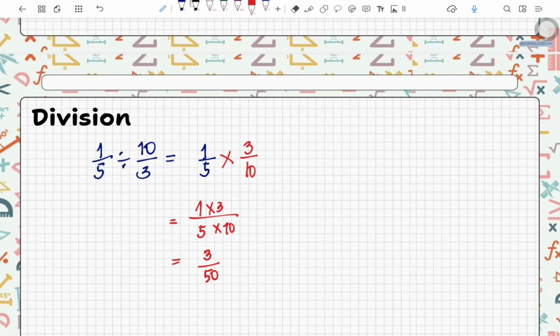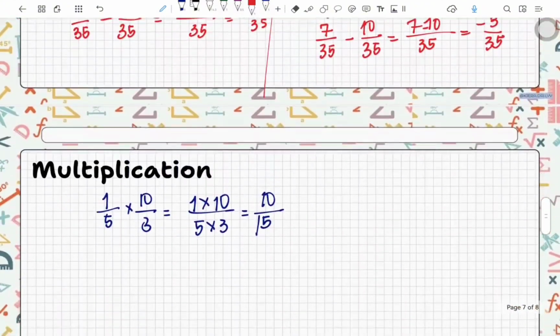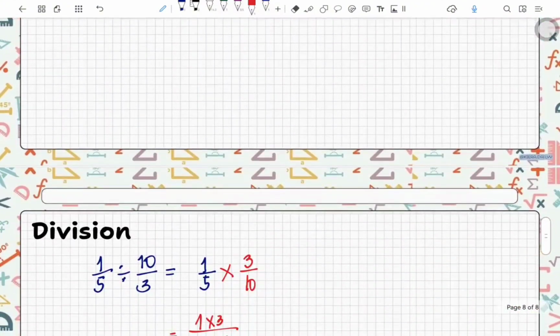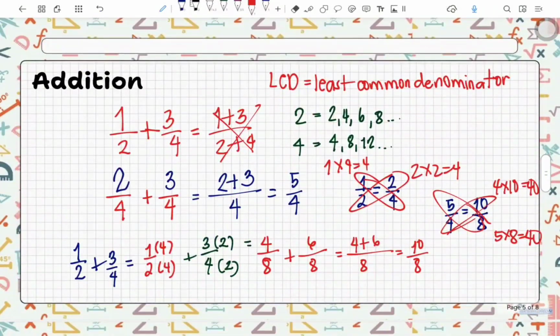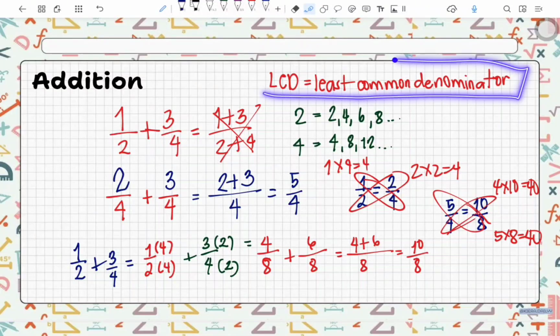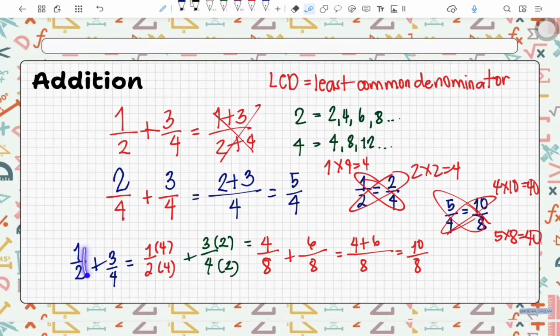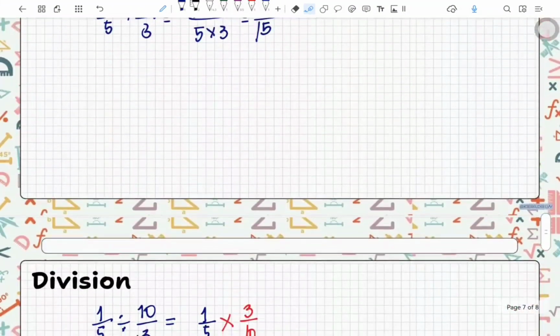So basically, the easiest ones here are multiplication and division of fractions. Again, for the rules in addition and subtraction, they should have the same denominators. You cannot add them like this. But how do we get the denominators to be the same? That is by getting the least common denominator of the fractions, or just multiplying each fraction by the denominator of the other fraction.